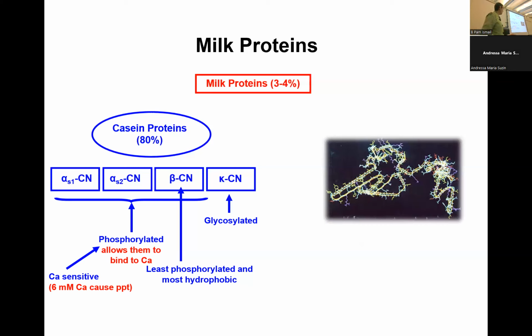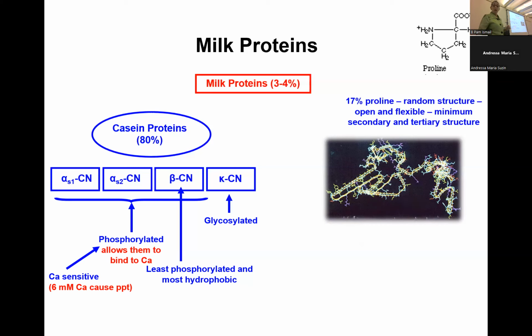So we also talked about the caseins having a high percentage of proline. Most of these caseins have up to 17% proline. So that reduces the formation of beta sheets and alpha helices, because proline is a secondary structure breaker.